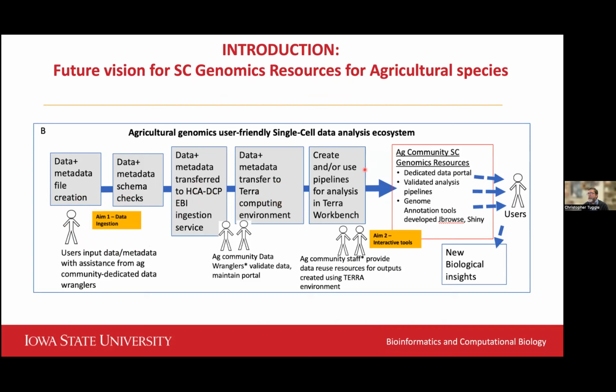That would allow us to use the Terra workbenches so that users could use a much more automated approach to create biological insights. And in parallel, we wanted to develop some interactive tools that will allow especially the agricultural livestock community to use these data sets with tools that are more community specific.